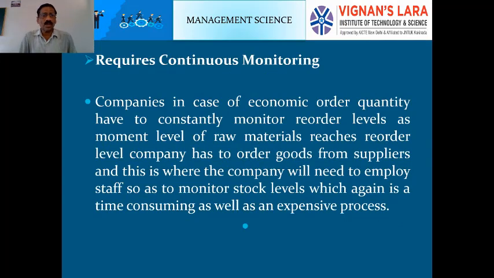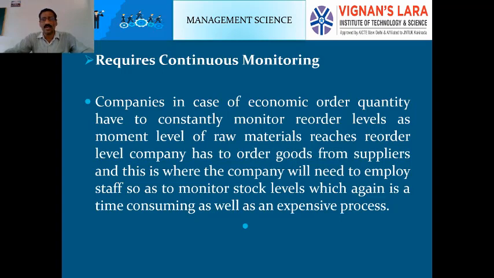Next limitation, it requires continuous monitoring. Yes, EOQ is a mathematical expression and involves some mathematics, which requires regular monitoring, regular review, regular checkup. Otherwise, we are not able to maintain the orders. Without monitoring, when you are placing orders to the suppliers, it leads to more expense, and the system is useless.